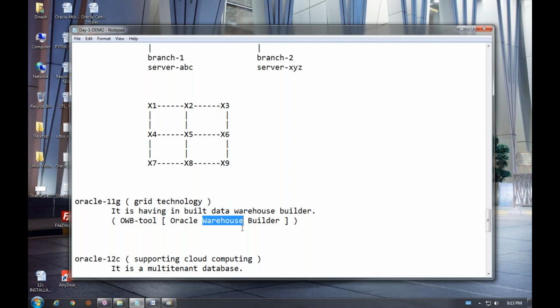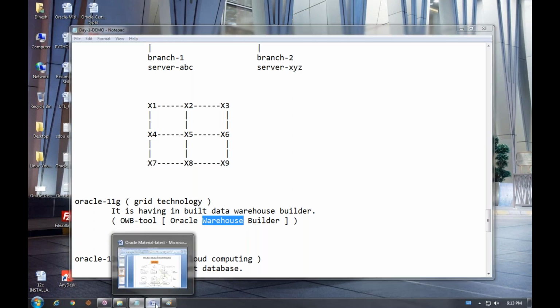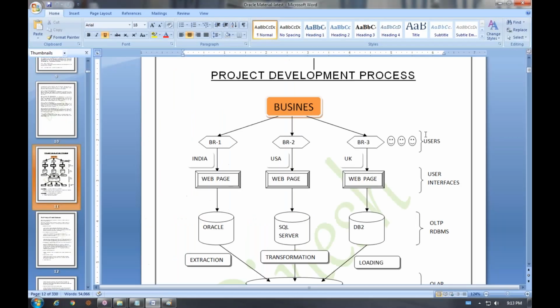What is data warehouse? Generally, RDBMS is of two types. Listen, for any business, there are branches. See this diagram, you can easily understand.